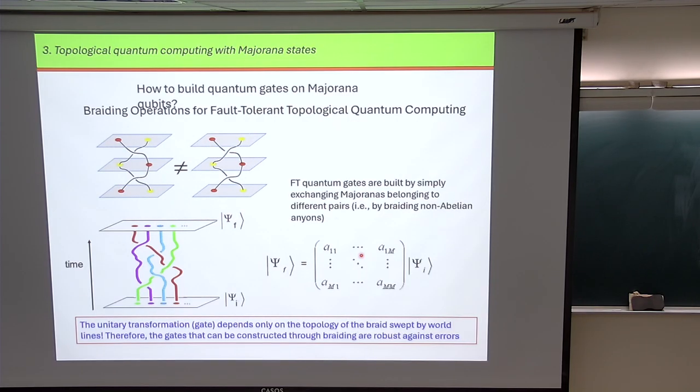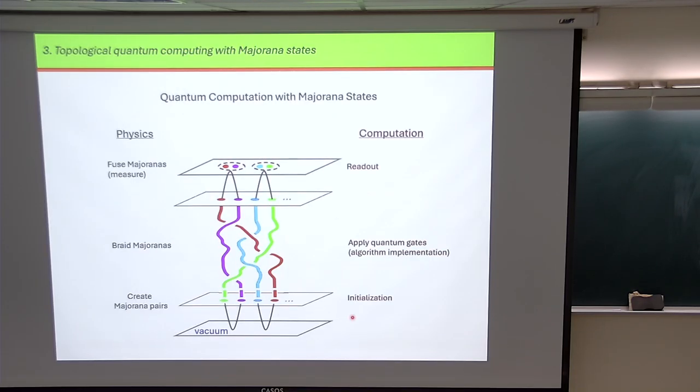Okay, so the idea is that you properly braid these Majoranas to build your gates, your unitary transformations. This is the scheme of a topological quantum computer. You have the vacuum, meaning just your superconductor, no Majoranas. You create your Majoranas, and then you initialize.